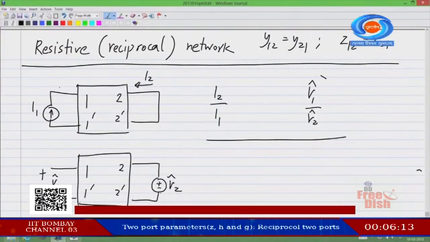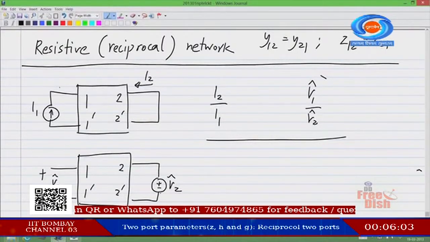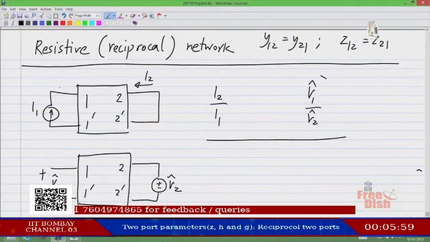So we derived this by putting a current on one side and a voltage on the other side. What is the relationship between I2 by I1 and V1 hat by V2 hat for a reciprocal network or a resistive network?